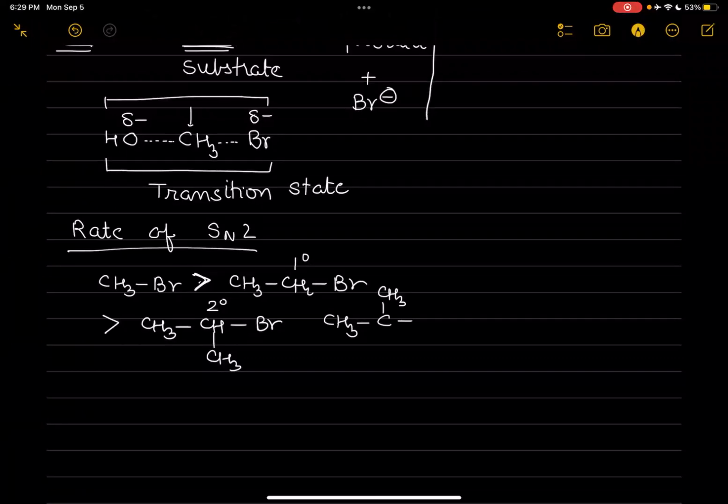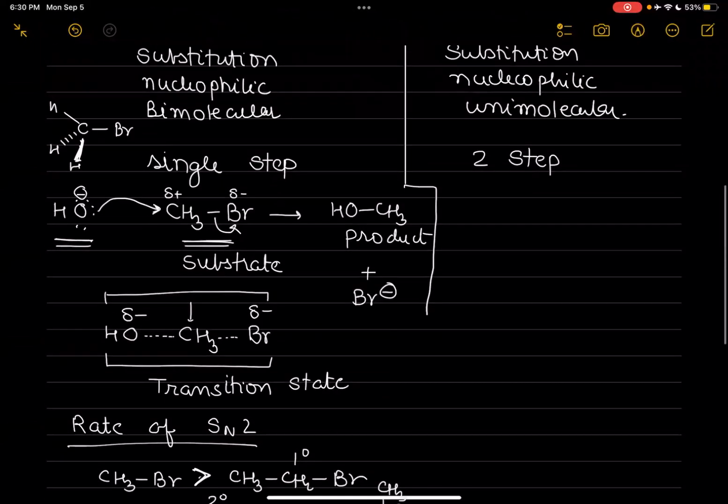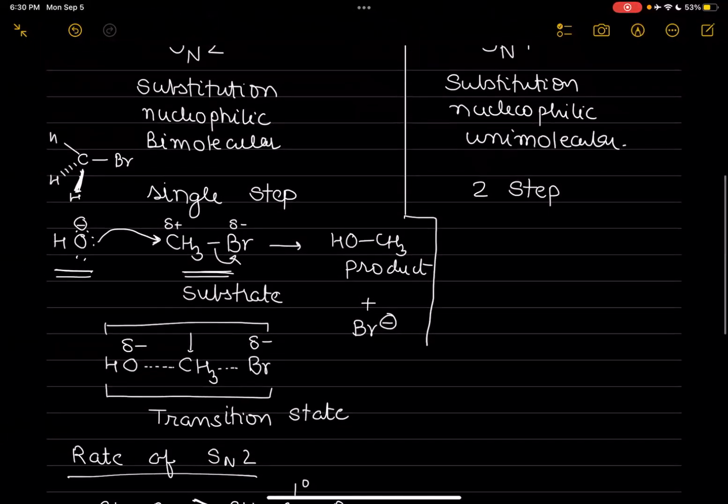Okay, is it clear? Yes, sir. So because here you have more number of carbon atoms, that's why the reaction is slower. This is tertiary. Because in SN2, 2 means bimolecular, 2 molecules are simultaneously colliding and reacting with each other.